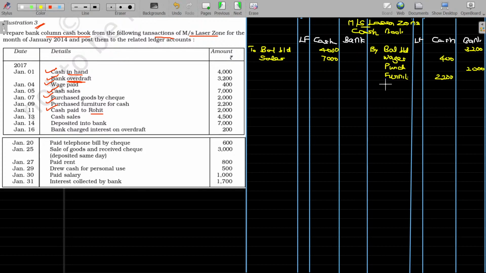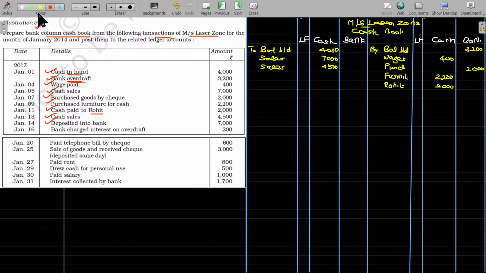In the payment side, Rohit will be recorded, in cash 2,000 rupees. And then cash sales, 4,500. In the receipt side, sales being 4,500.